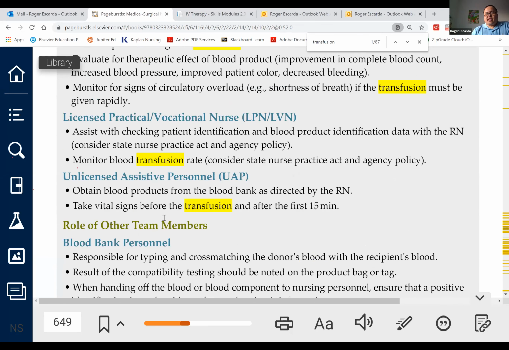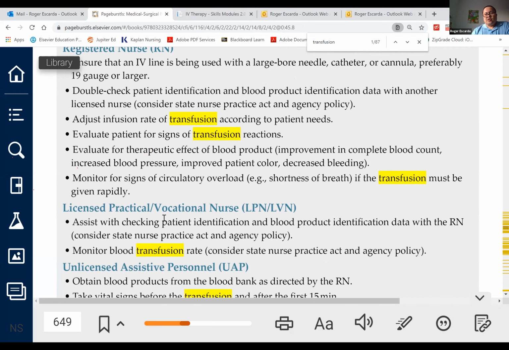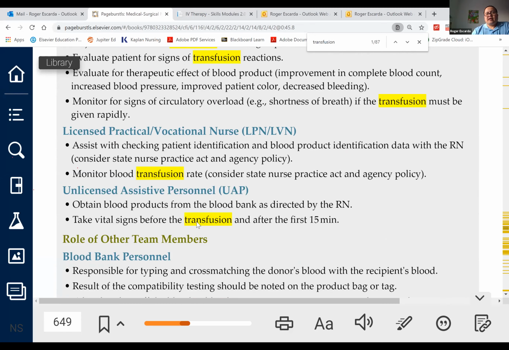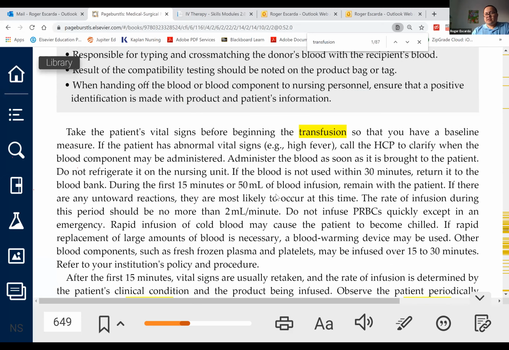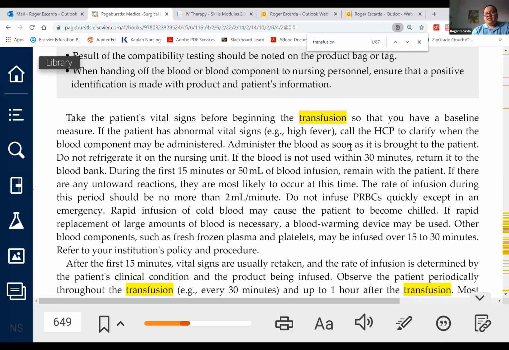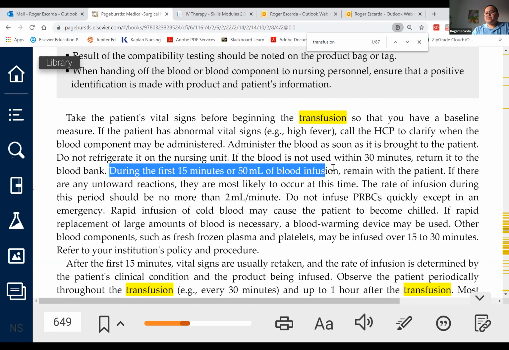Okay, so everything's good. You both sign, and then the RN hangs the blood, connects it to the patient, and then stays with the patient while the blood is entering the patient's bloodstream. So the RN stays with that patient for the first 15 minutes or the first 50 ml of blood.